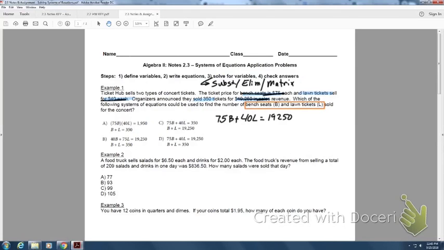What would my other equation be? Someone other than Garrett, Carter, Cole, Connor, sorry. What's the other equation? B plus L equals 350.